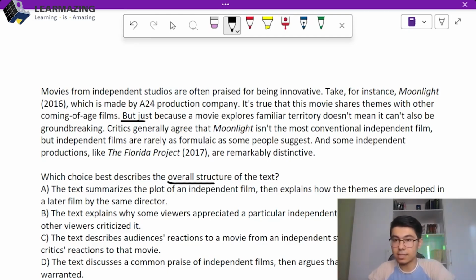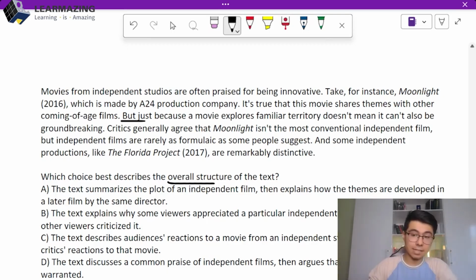And it is giving a counterpoint: even though movies might have familiar themes, they can still be groundbreaking. So critics generally agree that Moonlight isn't the most conventional independent film, but independent films are rarely as formulaic as some people suggest.